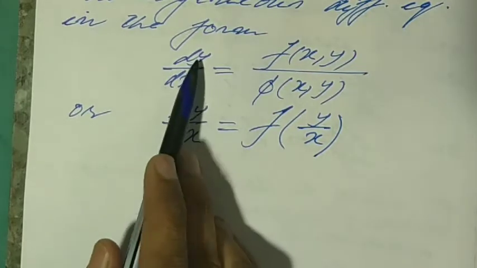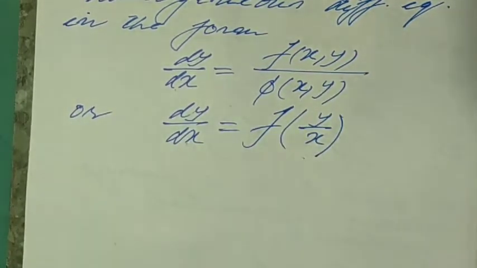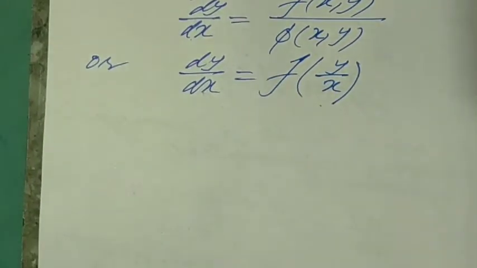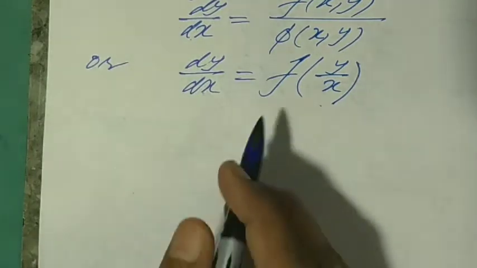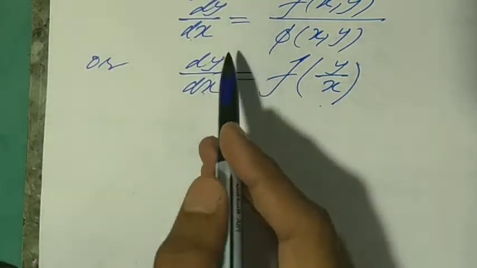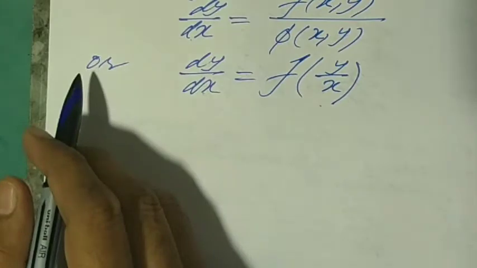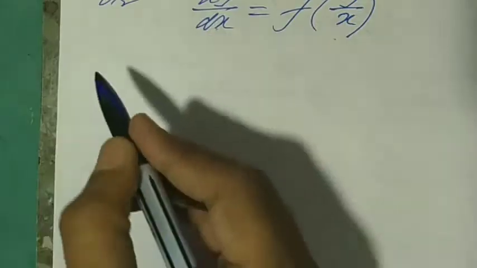Either we write the differential equation in this form or in this form. This is the first step. Sometimes it is already given in this form, so the first step will be skipped. Now step 2.